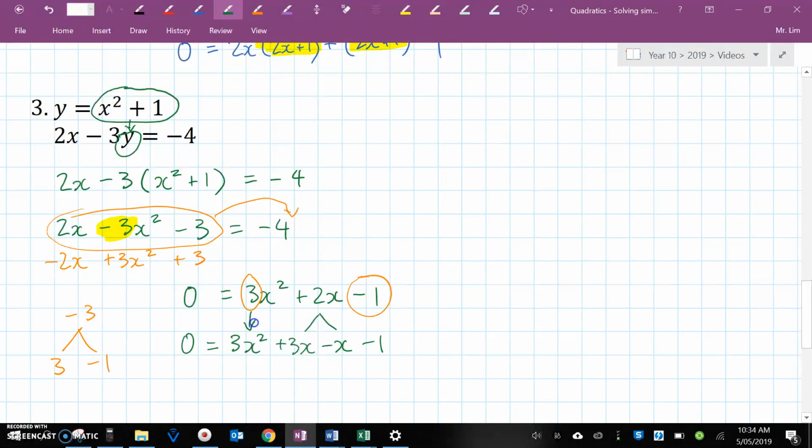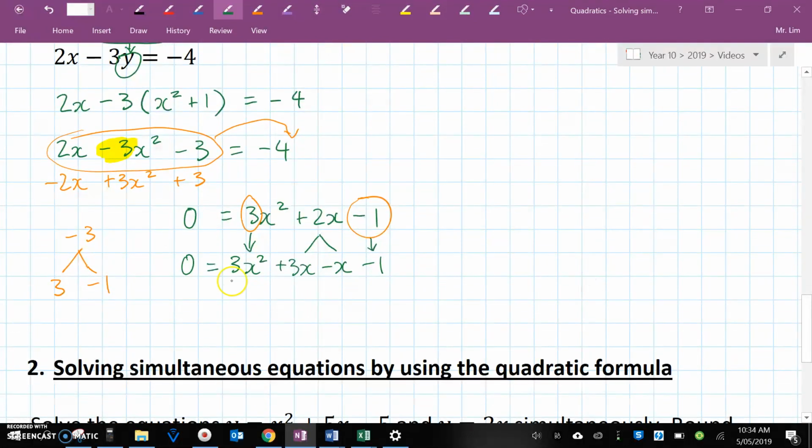Just bringing those down. Group in pairs. 3x bracket x plus 1. Put down a minus sign. x plus 1. It's positive because negative times positive will give you a negative answer.